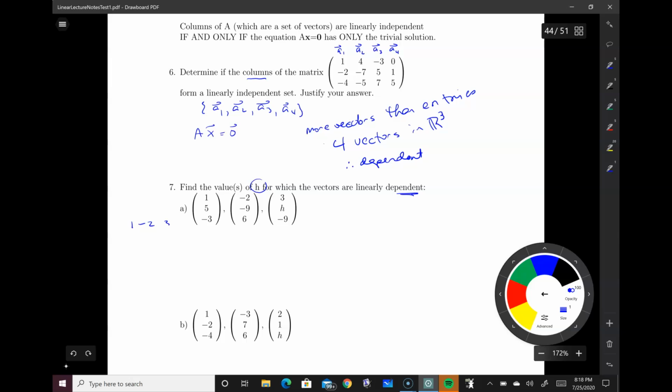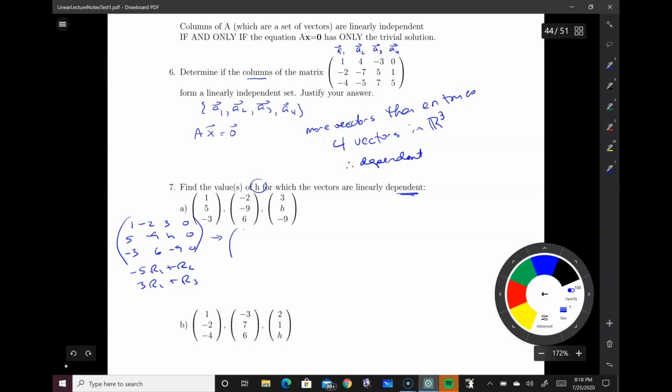So 1, negative 2, 3, 0, 5, negative 9, h, 0, negative 3, 6, negative 9, 0. That's the first step. So I see I'm going to have to take negative 5 times row 1 and add it to row 2, and 3 times row 1 and add it to row 3.